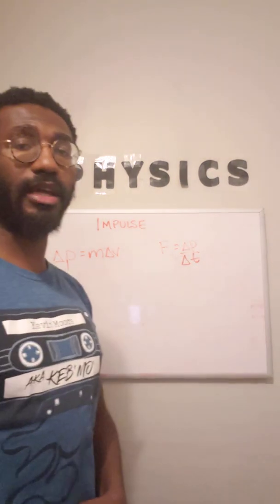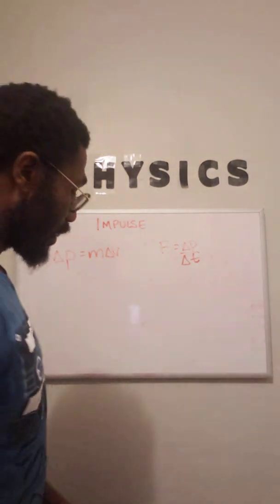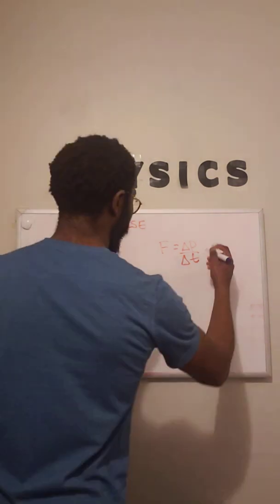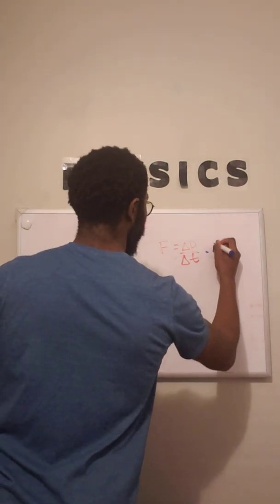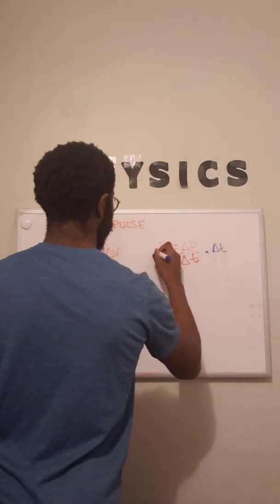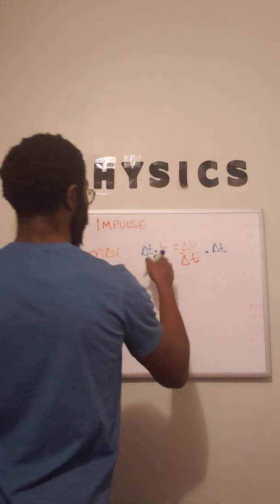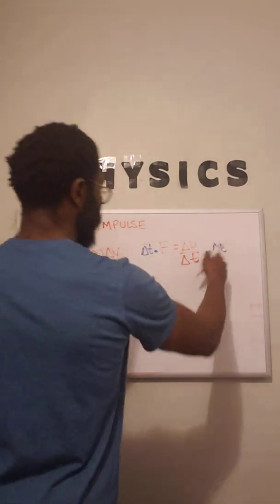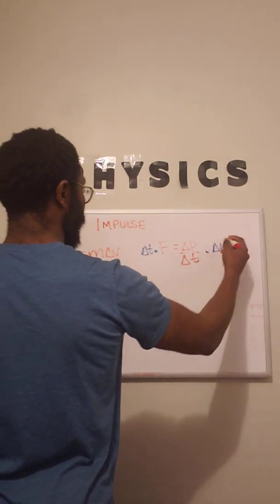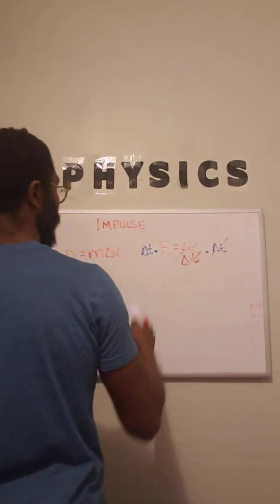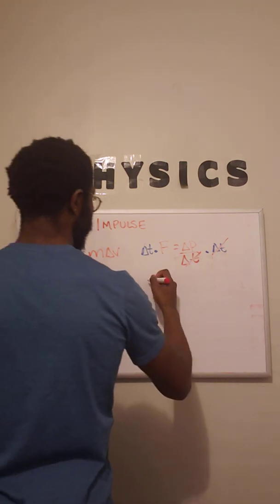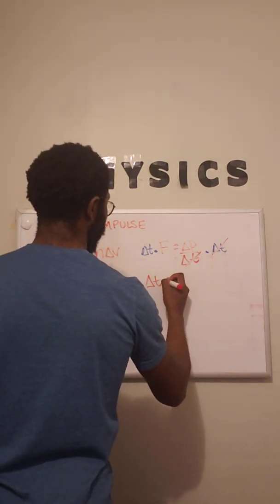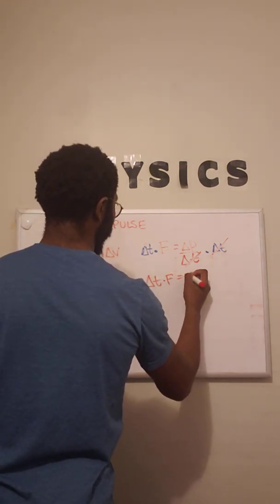We want to isolate delta T when it's in the numerator. So let's multiply both sides by delta T. These delta T's cancel out because one is in the numerator, one's in the denominator. But this delta T gets to stay because it is in fact in the numerator now.